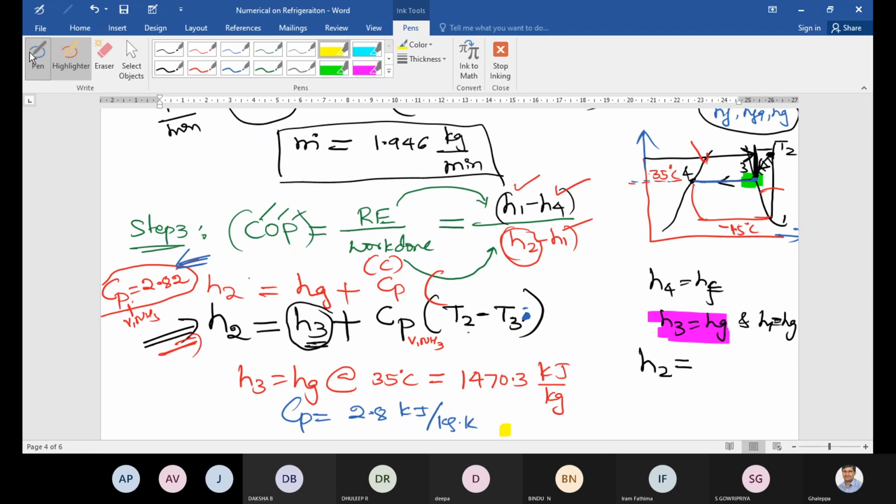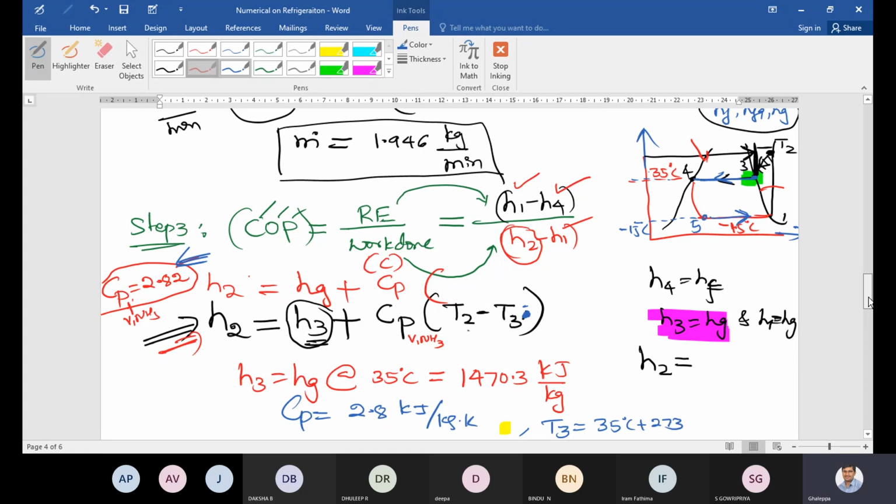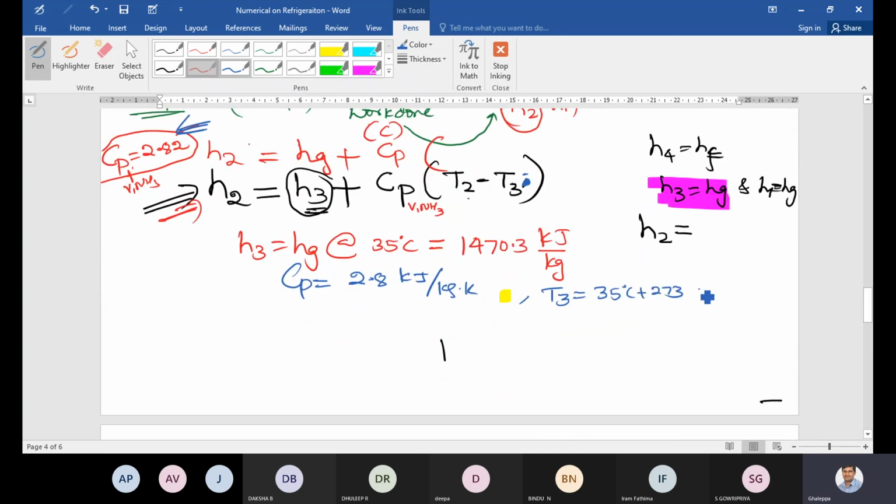Simple. How much is the T1 temperature? If anybody asks you to calculate the T1 temperature, how much is T1? Minus 15. Correct. How much is T4? Minus 15. Correct. 4 to 1 is constant temperature. 3 to 4 is also constant temperature. So T3 is given. T3 is how much? 308 Kelvin.